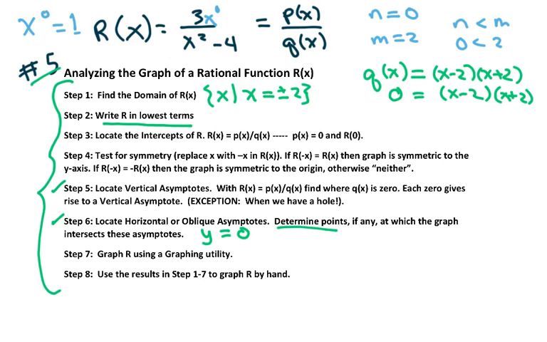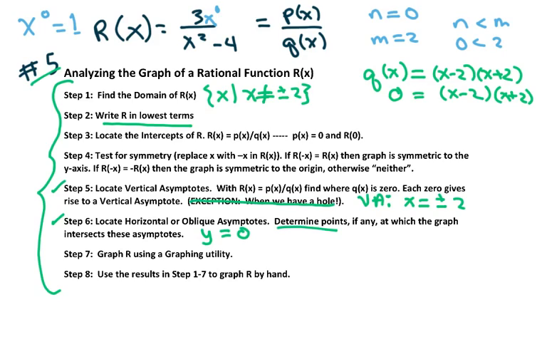Since it can't be plus or minus 2, we have vertical asymptotes at x equals plus or minus 2. So we have 2 vertical asymptotes. We don't have any holes because it's already in lowest terms.